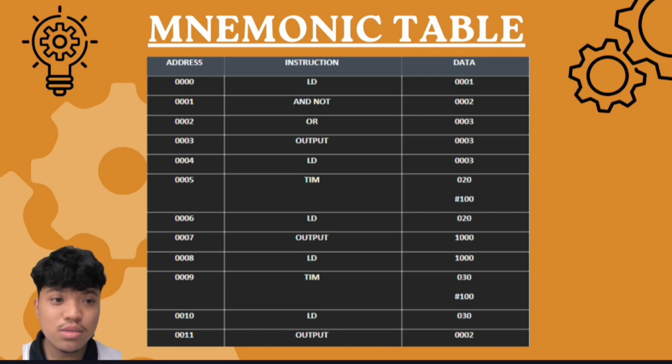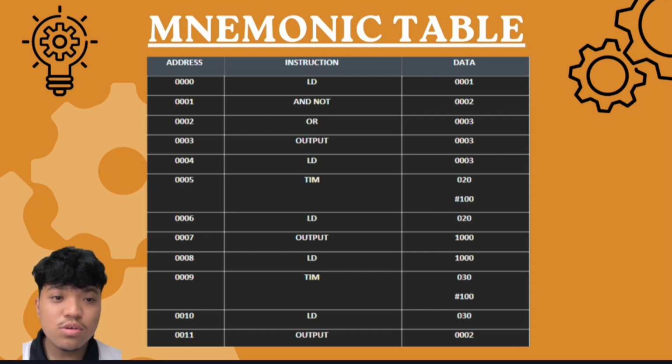And then we have 0006, the instruction is LD, the data is 020. And then we have 0007, the instruction is output, and the data is 10000. And then we have 0008, the instruction is LD, the data is 10000.